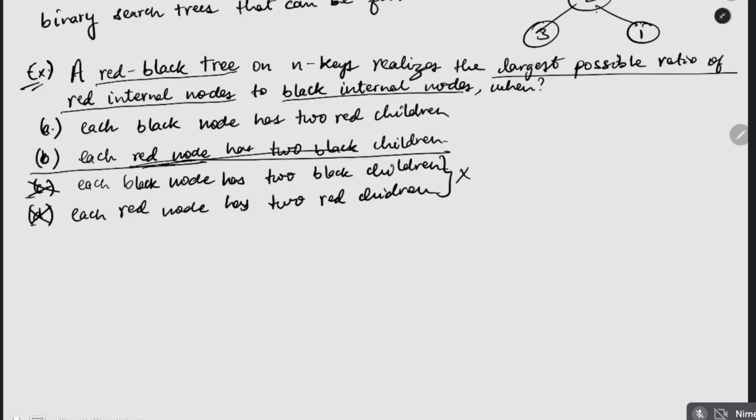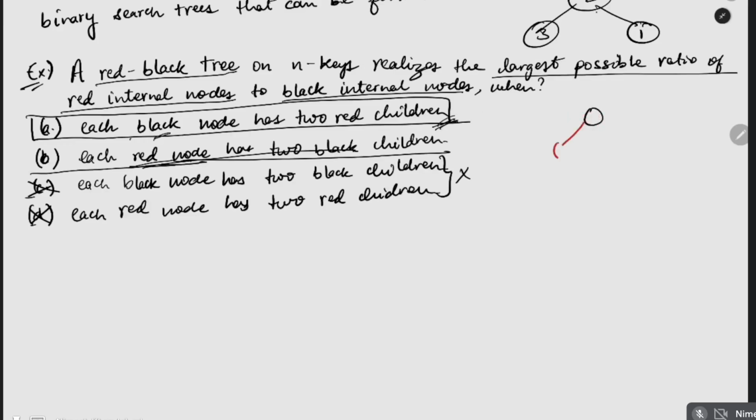And also, if we want the maximum ratio of red as compared to black, then of course we need to make sure that the black nodes have two red children, so that the total number of red internal nodes is more, right? It should be like this.